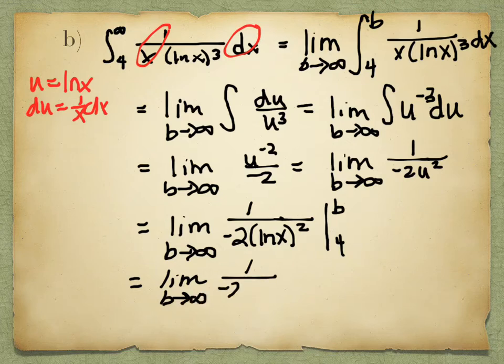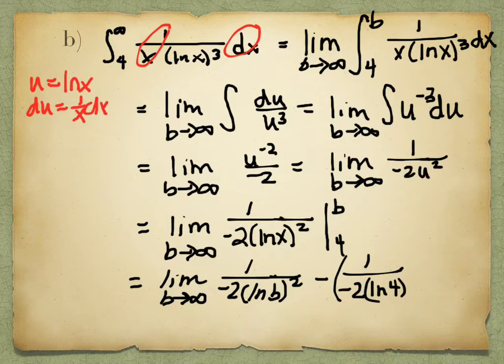One over negative 2 natural log of b squared, then what? Did I get all my pieces in there okay?